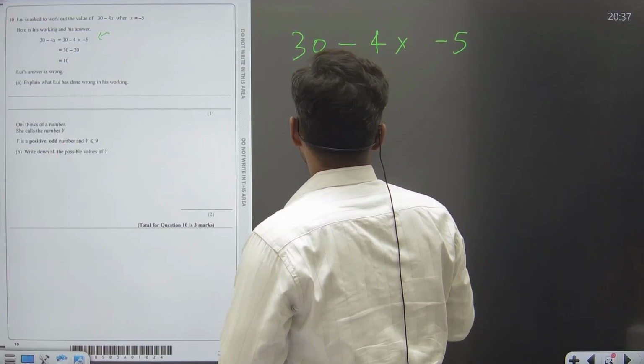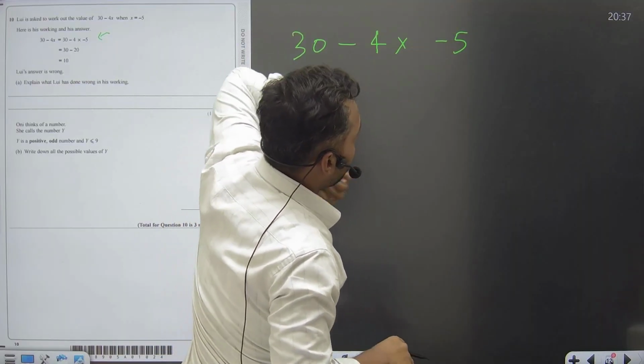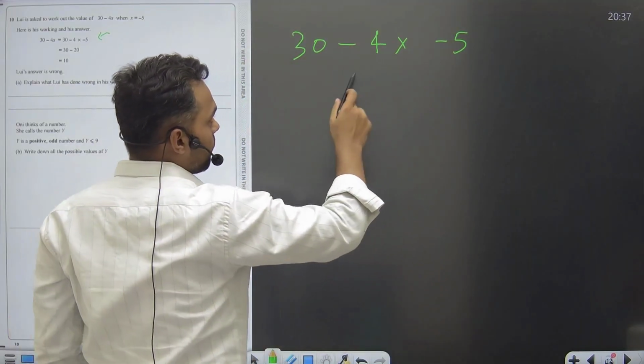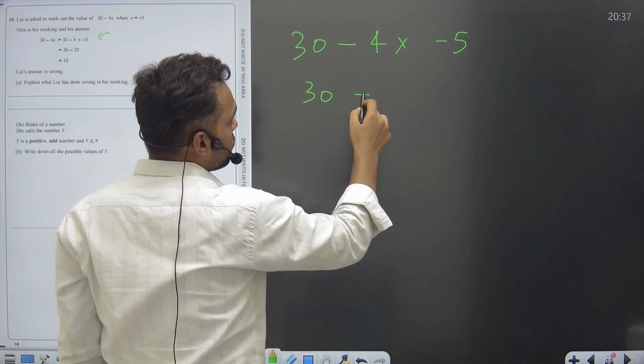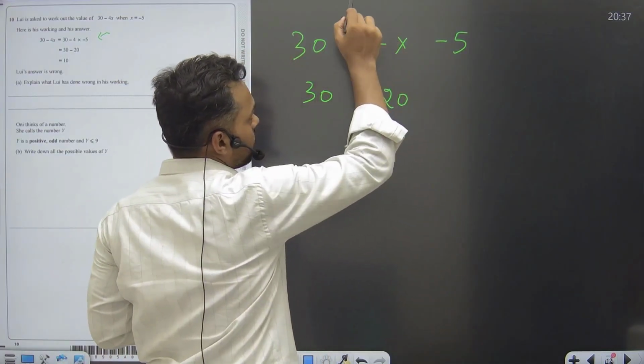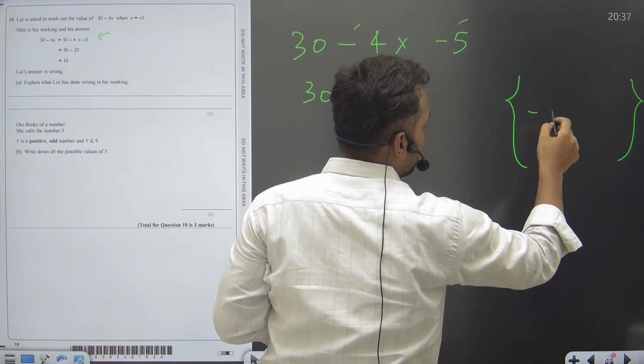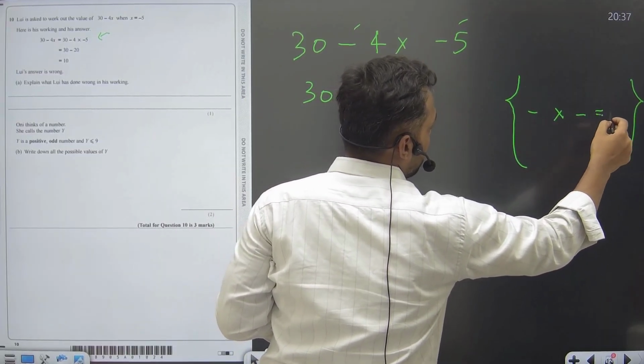Okay, if negative 4 and negative 5 are multiplied, it will be 30 positive 20. Why is this so? Because here is also a negative sign, here is also a negative sign, and we know negative times negative will be positive.